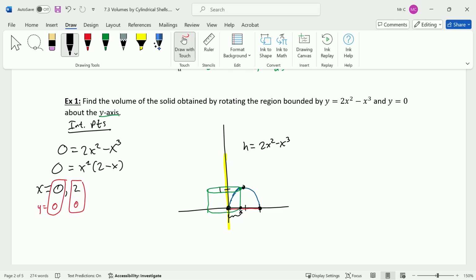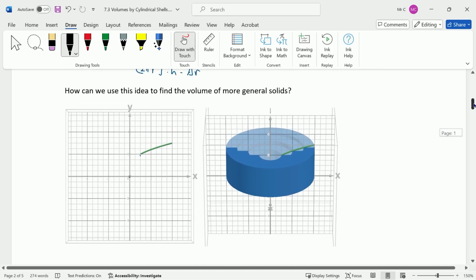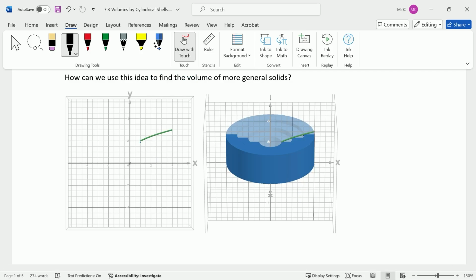Because again, remember, we're stacking a bunch of cylindrical shells together, like in that picture we looked at earlier. So let's look back at that. We're stacking a bunch of cylindrical shells, and each one has a corresponding x value that you're taking the height of the function at, right? So if we look at these, I took the height of the function at these points to build my cylindrical shell.